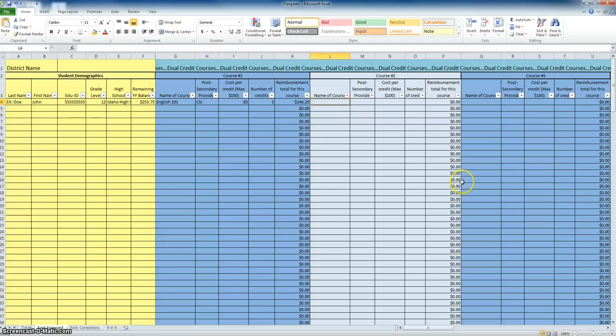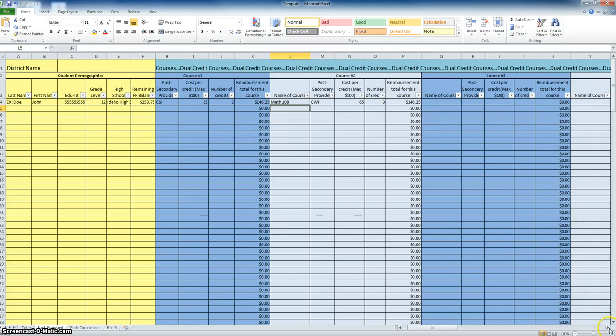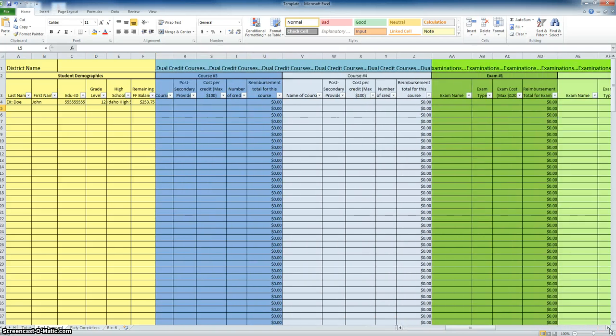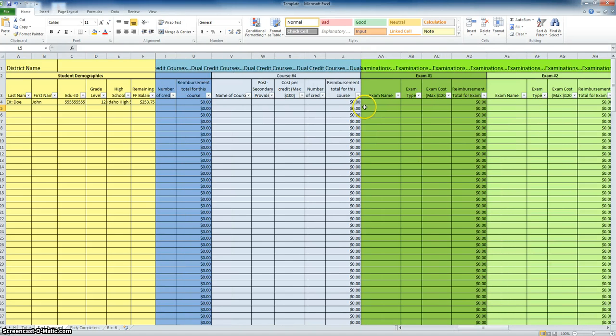So let's say that I need to report a second course for John Doe. Let's say it's a math course, Math 108, through CWI. It's $65 a credit and 3 credits, and voila, his reimbursement for that class is populated. Now let's say that I need to report an AP exam for John Doe.